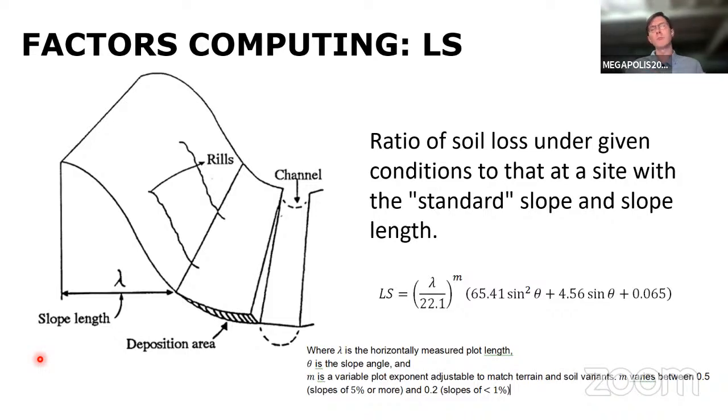Since it was produced for an erosion plot with known steepness and known length, this factor is actually the way to transform our slopes on watershed to these standard erosion plots.